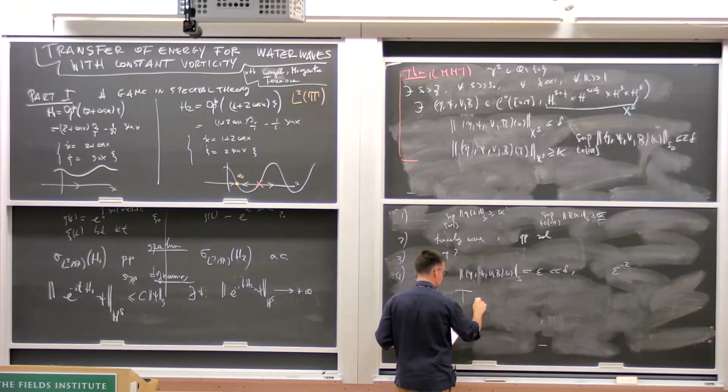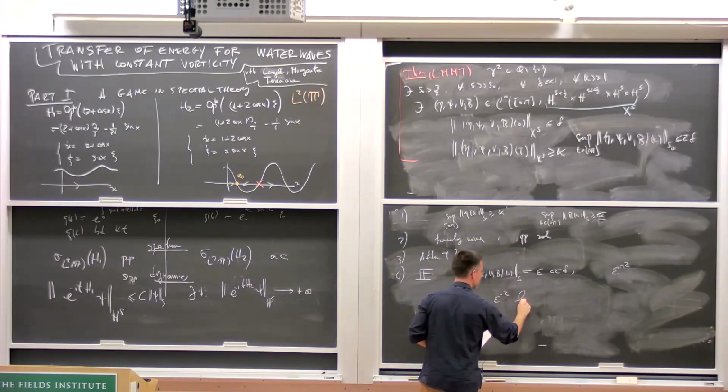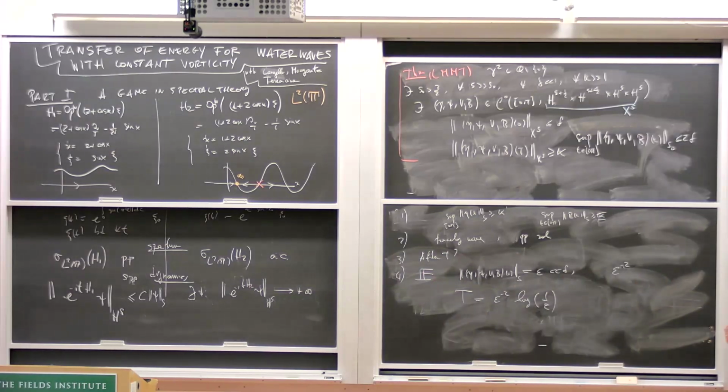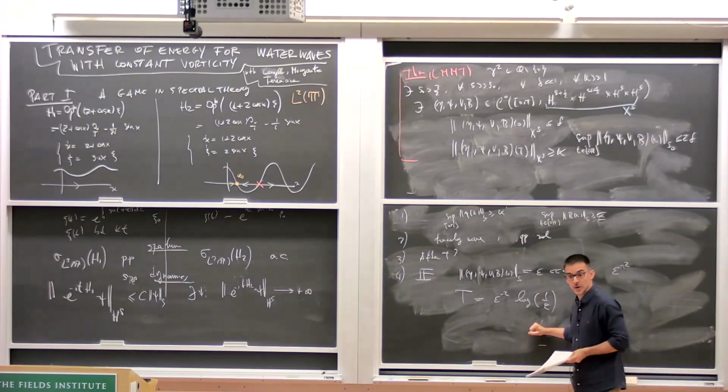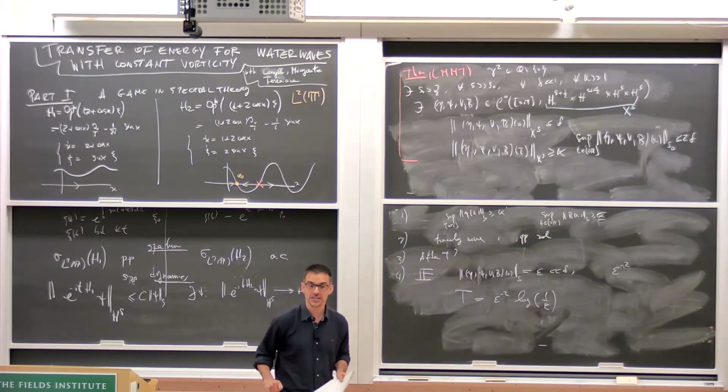So you need to go beyond this time, and indeed our time T is essentially of the order epsilon^-2 log of 1 over epsilon. But this time is beyond the local Cauchy theory that you can get with the normal form, and so one of the difficulties of the result is to prove that there exists a solution existing beyond the Cauchy time. Not all the solutions might exist, but you need at least to be able to construct one that exists beyond epsilon^-2. Fortunately, the instability develops just after this time.